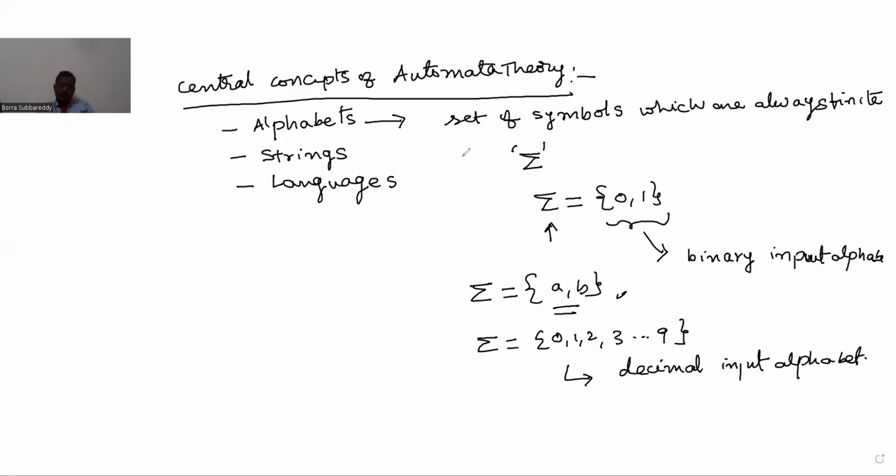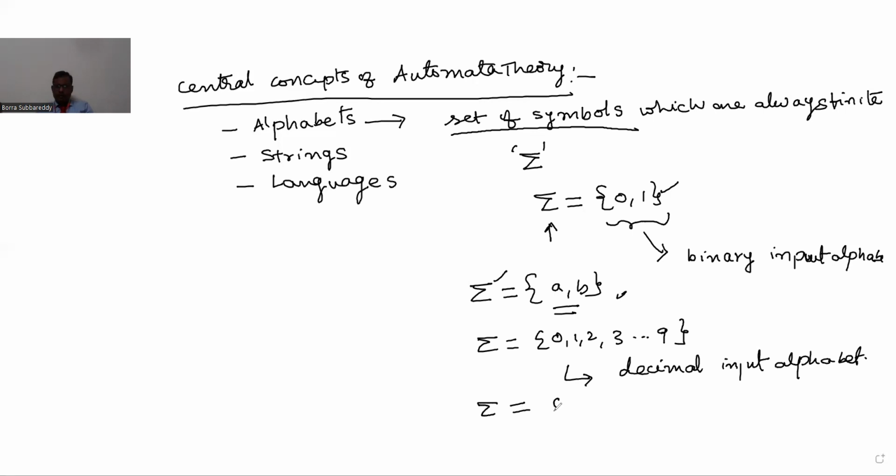Here, the definition of alphabet is a set of symbols which are finite. For example, sigma equal to {0, 1}, sigma equal to {A, B}, sigma equal to 0, 1, 2, 3 and so on up to 9.